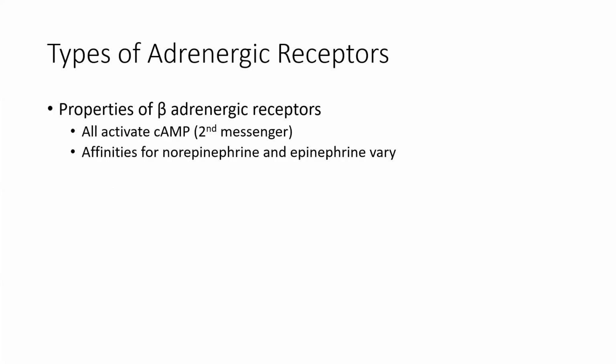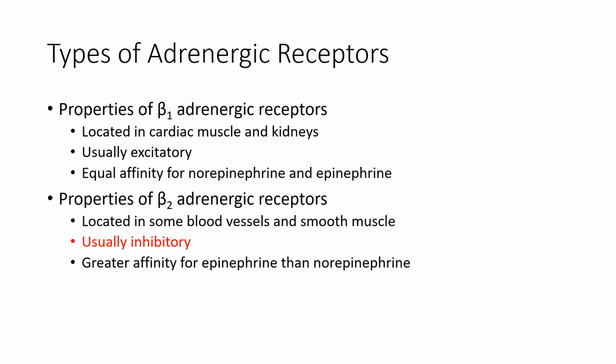And then looking at the beta receptors here, again, more generally, we'll get into the specifics in a bit, but all of the beta receptors activate cyclic AMP as their second messenger. We'll see that the alpha receptors have two different options for second messenger, and then the affinities here are going to vary depending on the subtypes. So if we look at beta 1 receptors, the location of beta 1 receptors are usually on cardiac muscle and kidneys. The effect on tissue is usually excitatory.